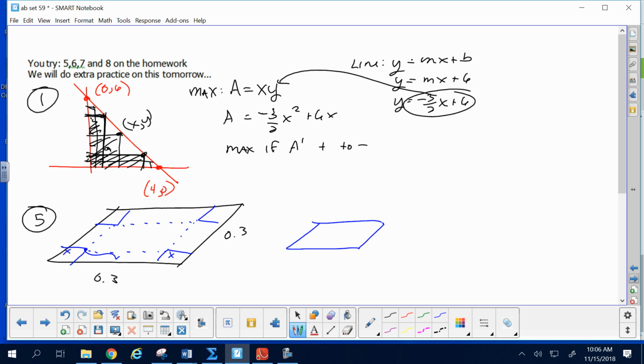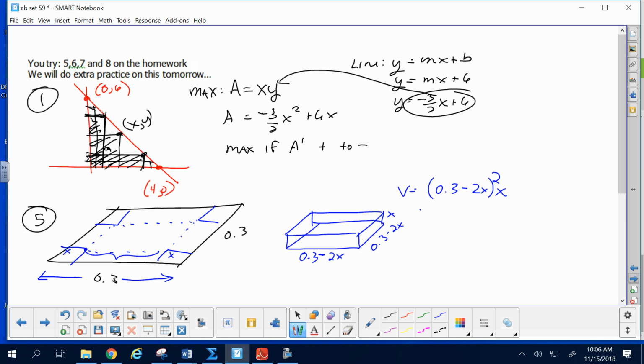What will this dimension be if it started off as 0.3 and you cut off x from each side? 0.3 minus 2x. By the same kind of thought process on the other side. And how high is the prism? Or how tall? It's x. Okay? So the volume is 0.3 minus 2x squared times x.